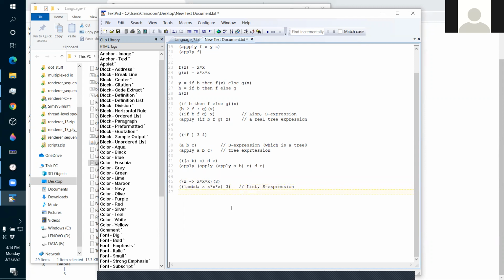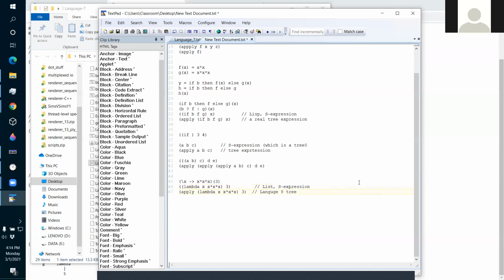Now, that's not a tree, so we write that in our language. In language 8, this is going to be written apply, lambda x goes to x cubed, apply the x cubed function to 3. That's a language 8 tree, because we got to translate this list S expression into a tree.